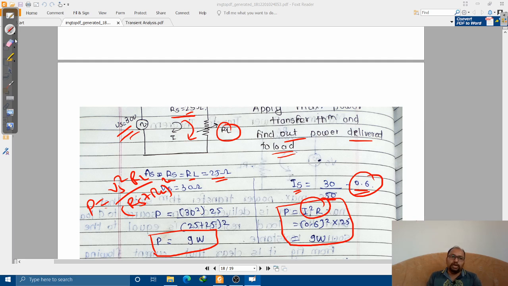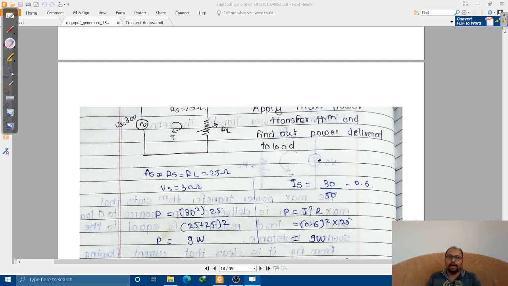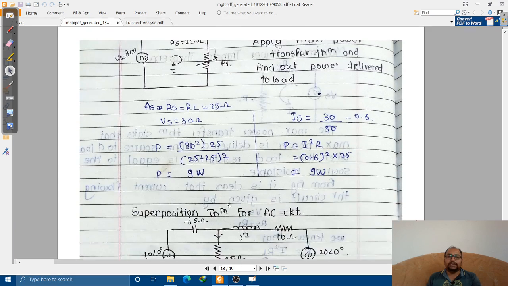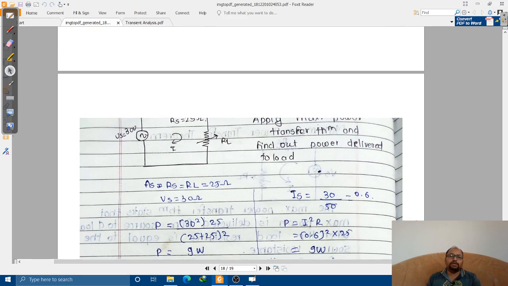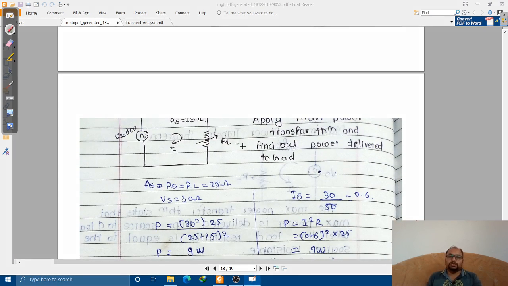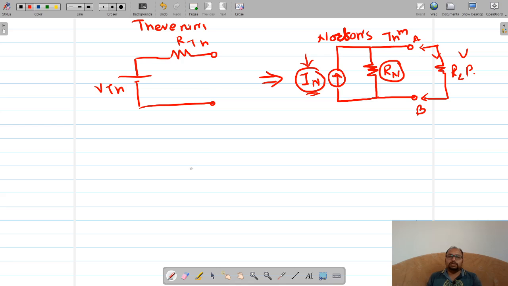Okay, now let us change the value of RL. If I am not going to satisfy this condition, if Rs is not equal to RL, then what is going to happen?